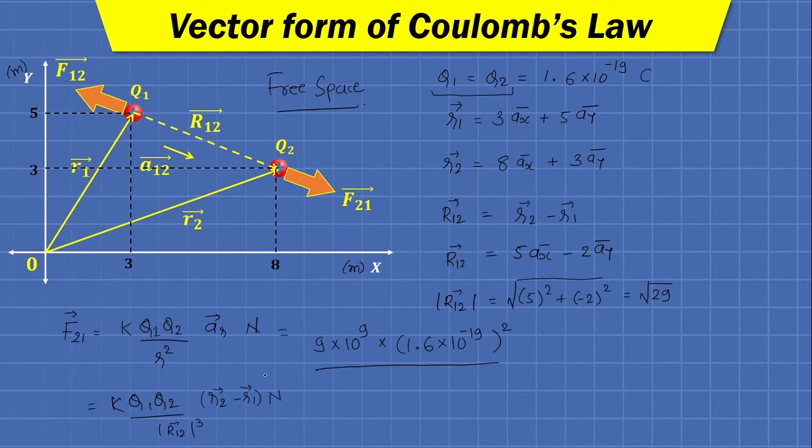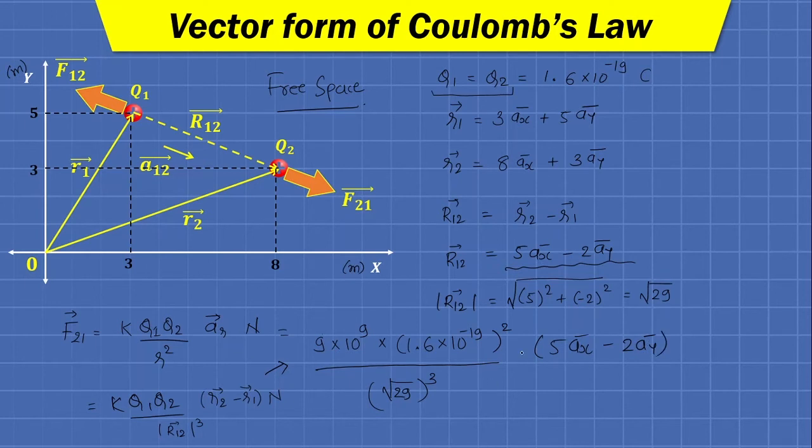So we are going to use this equation for the calculation. So modulus of r12 cube, modulus of r12 is nothing but root 29, so we will write root 29 cube, and r2 minus r1 we have found as 5ax bar minus 2ay bar.